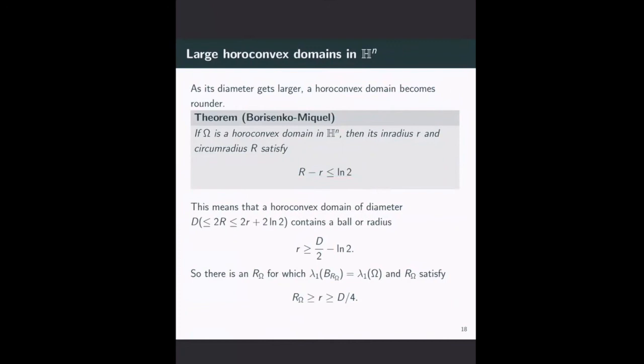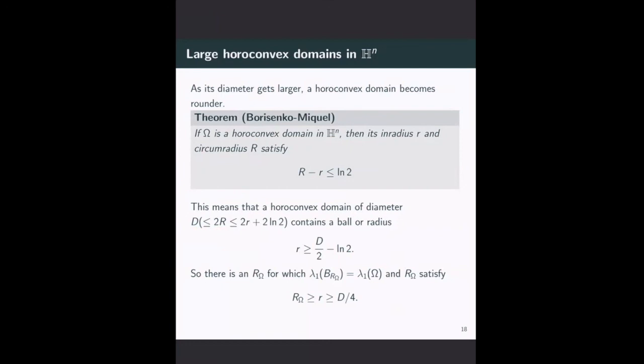So, of course, the diameter is less than 2 times the radius of the circumscribed disk. Now you put r on this side multiplied by 2, you get 2r plus 2ln2. So a horoconvex domain of diameter d contains a ball of radius about d over 2.